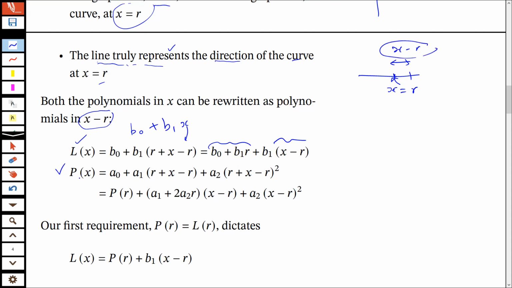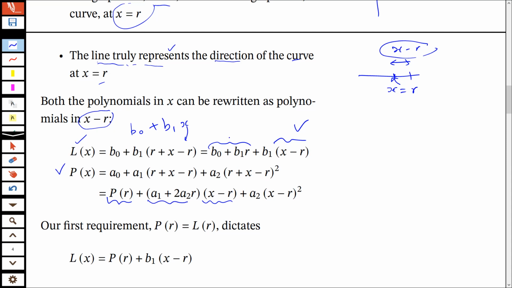I do the same trick with the given quadratic polynomial. I replace x with r plus x minus r and do some algebra, and here I isolated a constant which is the same as the polynomial evaluated at r. Then I have a coefficient multiplying x minus r, just like we did there. So you see, so far the form is the same.